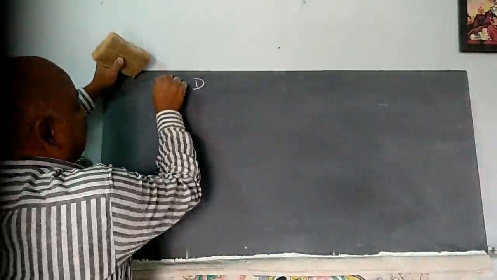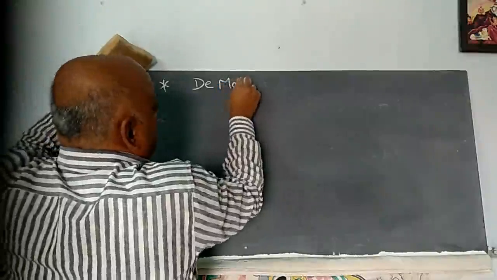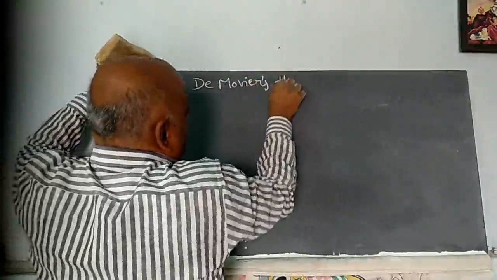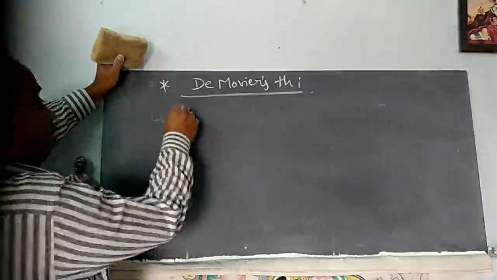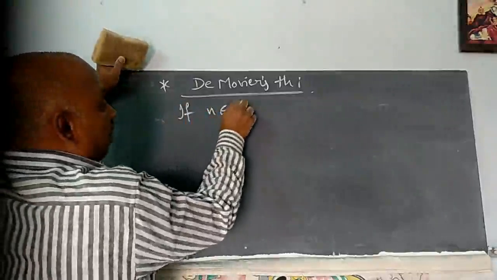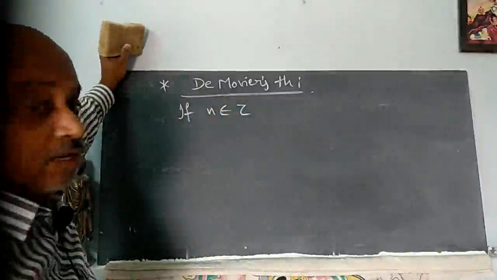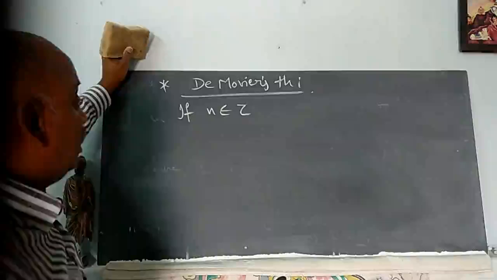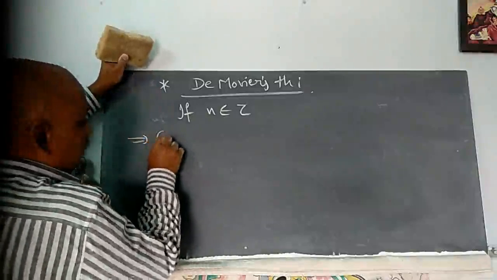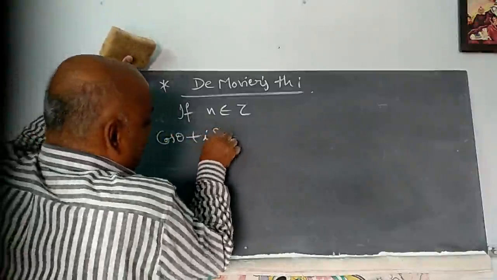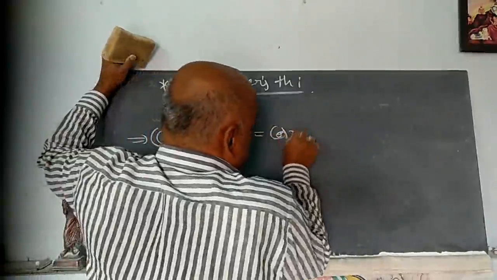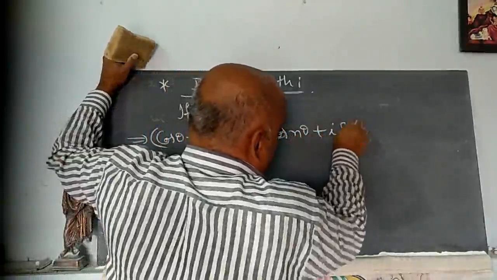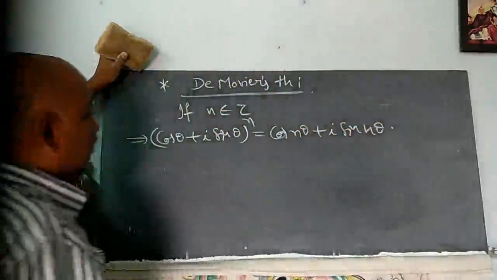Next, De Moivre's theorem. If n belongs to Z, that means n is any integer, then cos theta plus i sin theta whole to the power of n is equal to cos n theta plus i sin n theta.